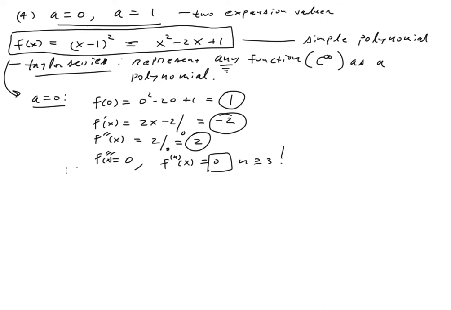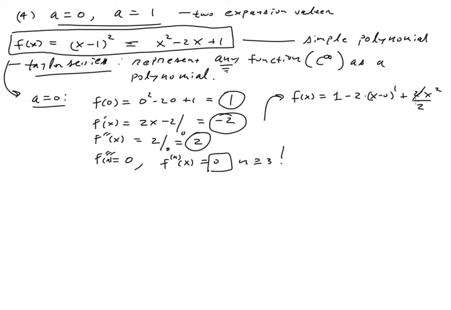So, what is the Taylor series? Well, I'll write it up here. f of x is equal to 1 minus 2 times x minus 0 to the first power plus 2 times x squared all over 2 factorial, which is just 2.